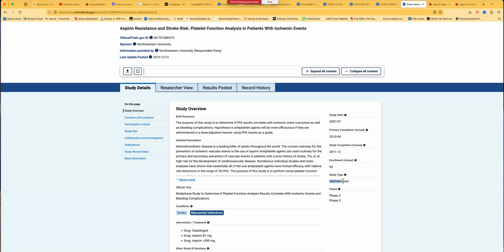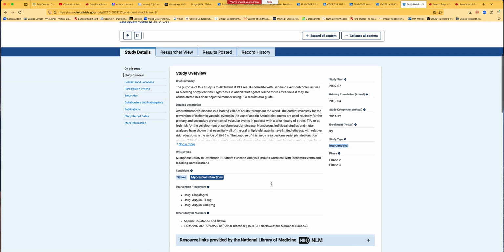It was an intervention, so I was giving something, or it was not this case, but it could have been a surgical procedure, or it is just giving a drug to a patient. And then we look into phases. Phase 2, we started with a low number of subjects, and then we continued with phase 3 for having a larger or higher number of subjects.